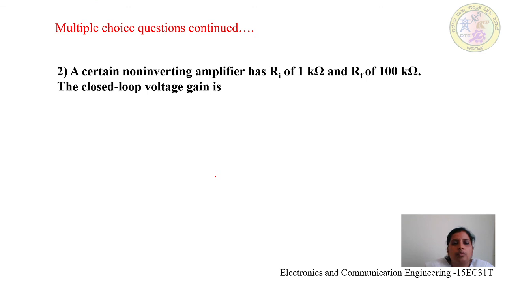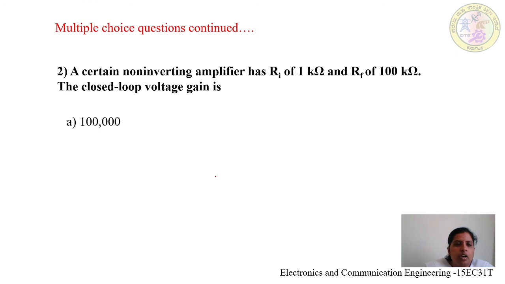A certain non-inverting amplifier has Ri of 1 kilo ohm and Rf of 100 kilo ohm. The closed loop voltage gain is? You have the formula for the non-inverting amplifier: the voltage gain is 1 plus Rf by Ri. Rf is 100 kilo ohm, Ri is 1 kilo ohm. So Rf by Ri is 100 by 1, kilo ohm cancels.